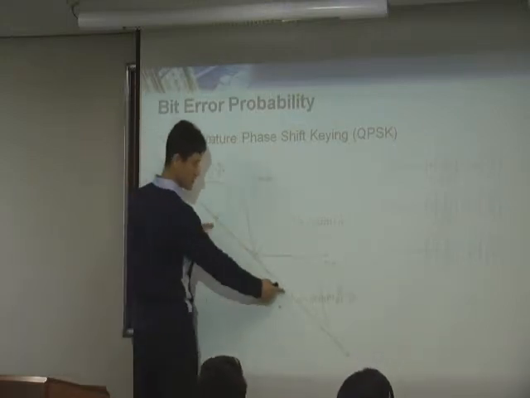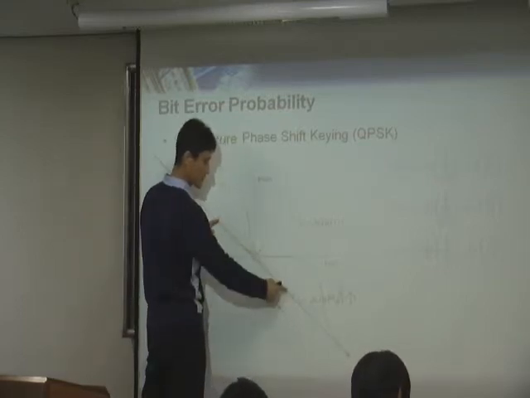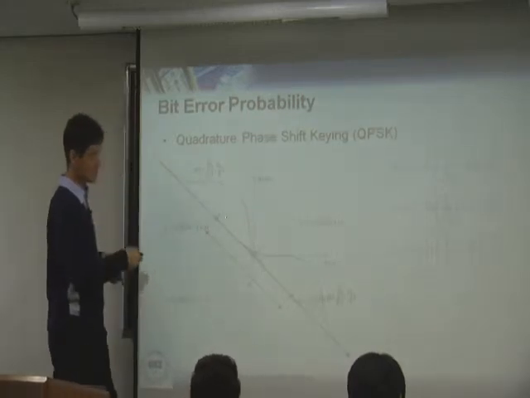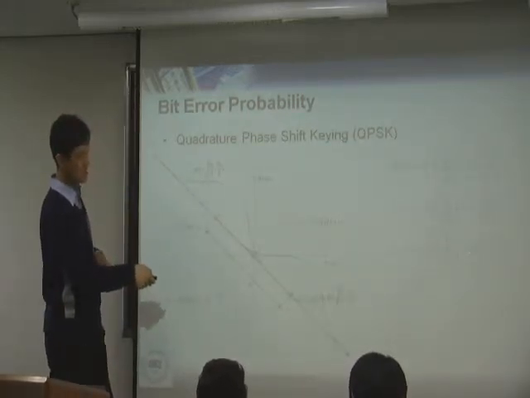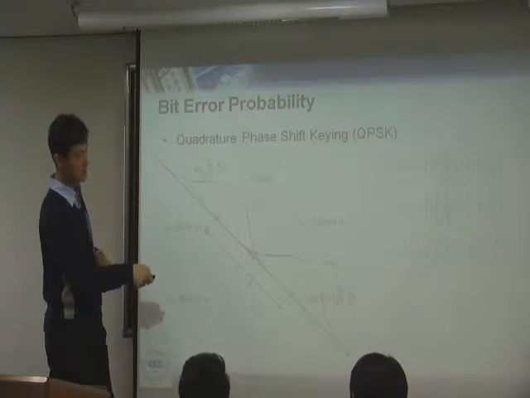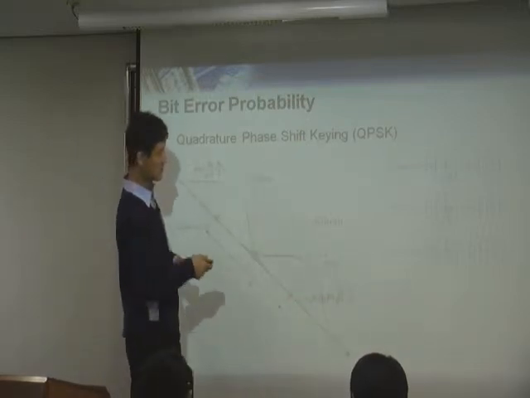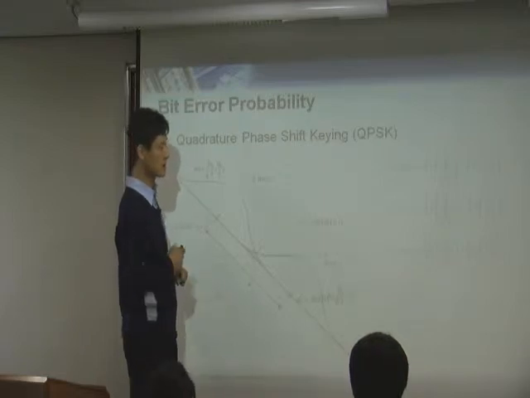But this case, the third case, you see that the distance is actually larger than this, right? This diagonal distance is actually bigger than this one. And therefore, you see some other bit error rate. Okay, that's because of this different distance, we can expect some different. In this case, it's lower bit error rate.